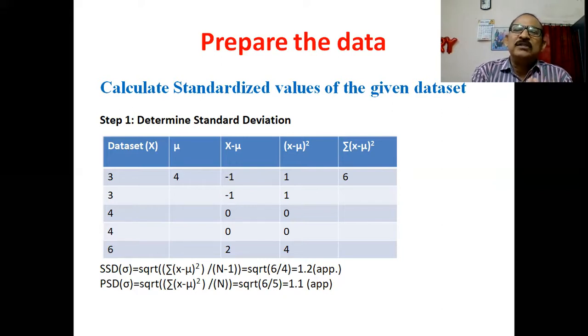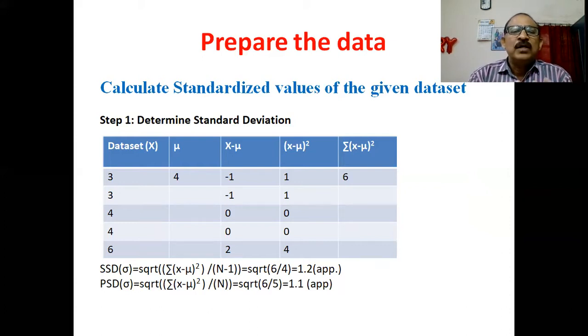The first column represents the values of the feature: 3, 3, 4, 4, 6. Next column, the mean of the values. Next column, x minus mu, value of the feature minus mean. Next column is the square of x minus mu. Next column is the sum of (x minus mu) squared.